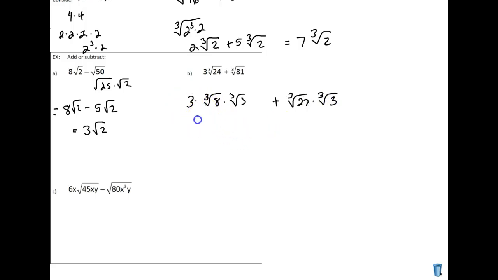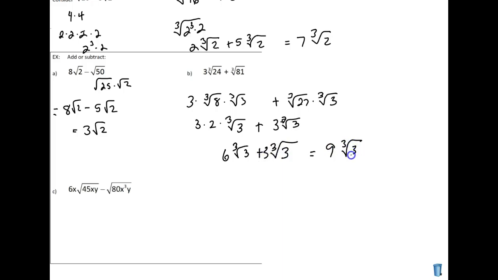So this becomes 3 times 2 times the cube root of 3. And this becomes 3 times the cube root of 3. So 6 cube root of 3 plus 3 cube root of 3, that's a lot of 3's. And then I'm left with 9 times the cube root of 3.